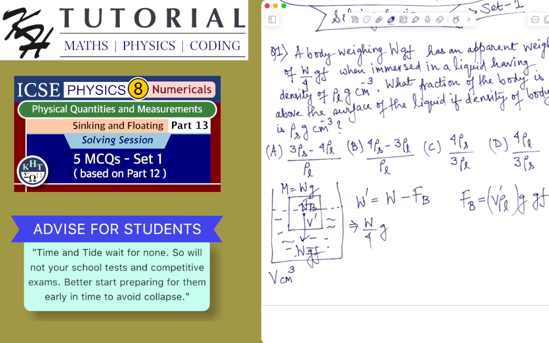So W by 4 gf is equal to the weight of the body, W gf, minus FB, which is V dash rho L multiplied by G. This G is the acceleration due to gravity, which is 9.8 meter per second square, and this much gf. If I ignore the units on both sides, I get W by 4 is equal to W minus V dash rho L.